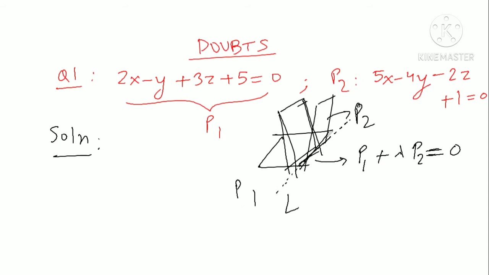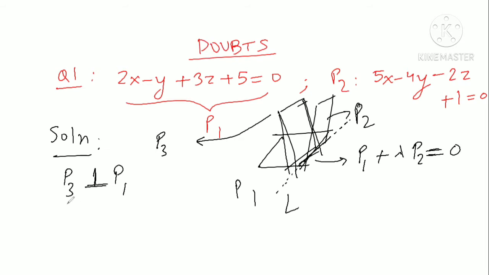Suppose we say that this plane is P3. This plane P3 is after rotation of P1 by 90 degrees, right? Which means P1 has been rotated through 90 degrees about the line of intersection. So P3 is perpendicular to P1.